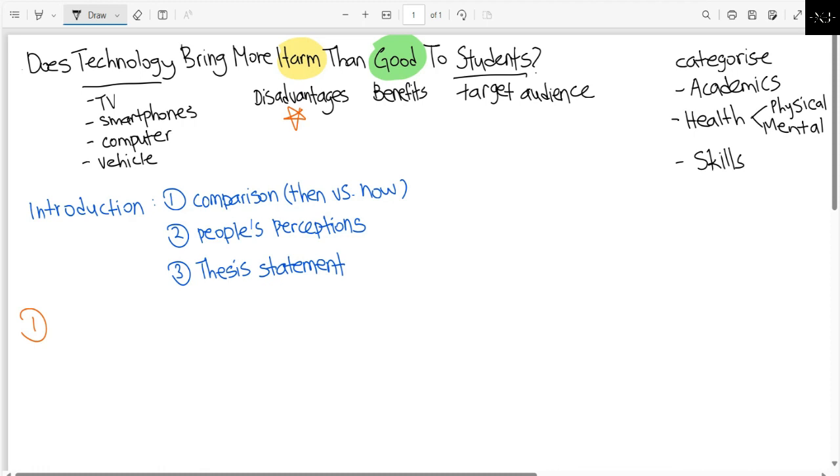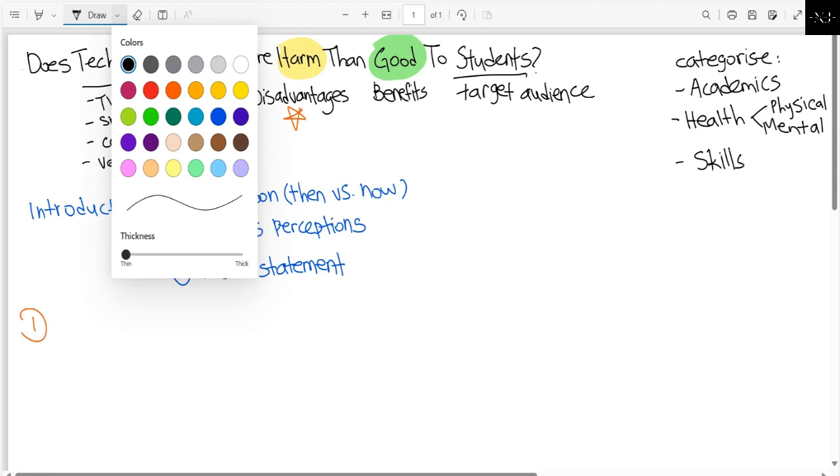What kind of skills you would gain or you would not gain when you're doing certain activities. Sometimes you can categorize it based on this or even based on the different types of people. Depends. But in this essay, we are categorizing using these 4 things. Academics, physical health, mental health, and skills.